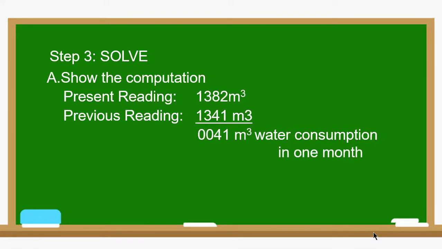Solve. Letter A. Show the computation. Present reading 1,382 cubic meters. Previous reading 1,341 cubic meters. The answer: 41 cubic meters water consumption in 1 month.